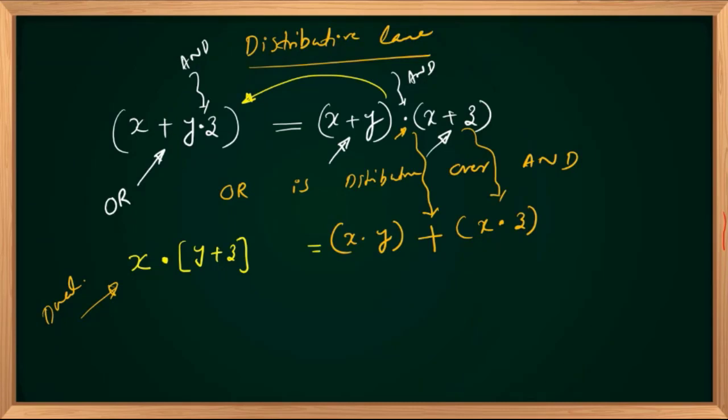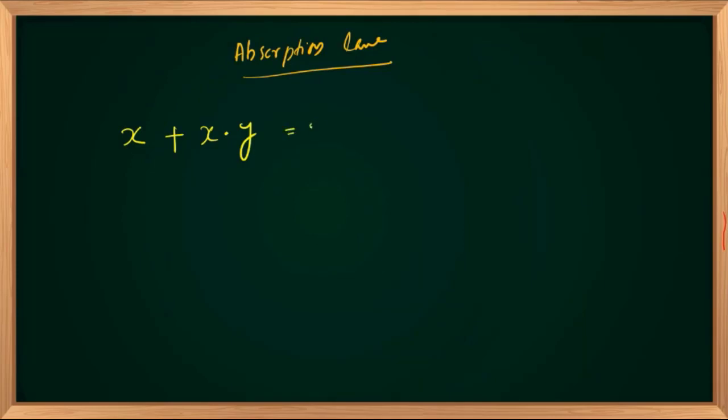Then we have one more simple expression, that is called the absorption law. That is also very simple. If you are taking the or between x and the product x dot y, x plus x dot y, that will be the same as x, since x is common, times one or with y.